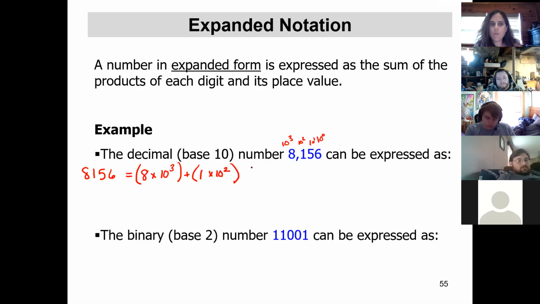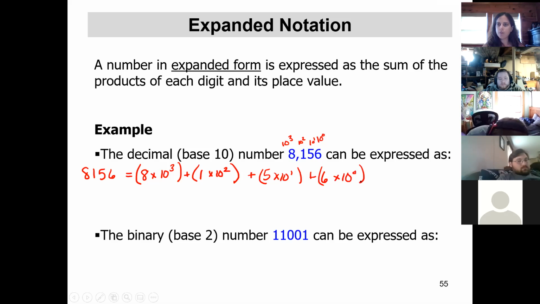And that tells us that we have 1 times 100, right? This 1 here means 100. Then plus the 5 times 10 to the first, plus the 6 times 10 to the 0. Give you a second to catch up with writing that down.